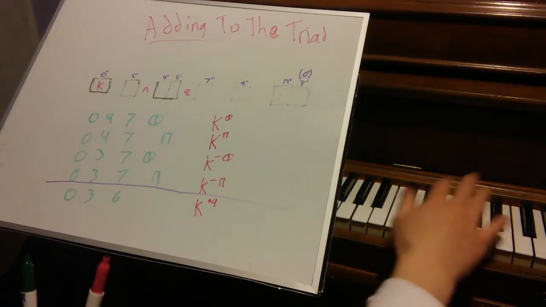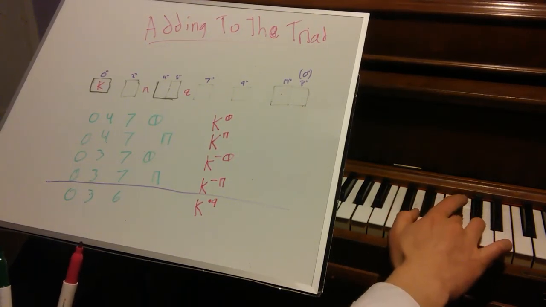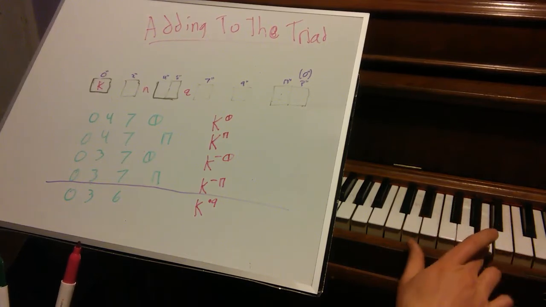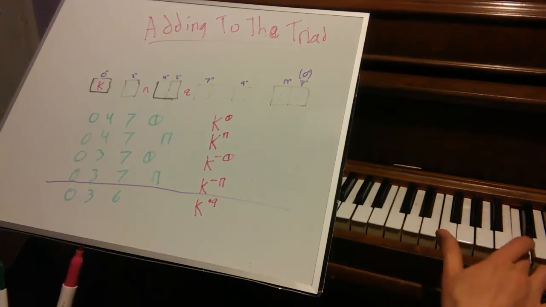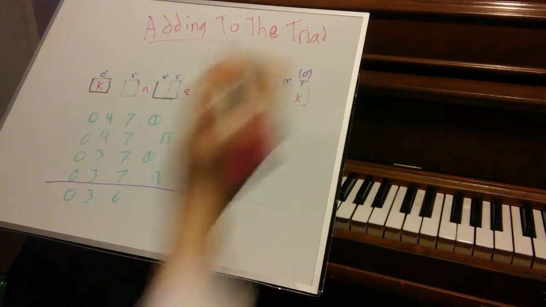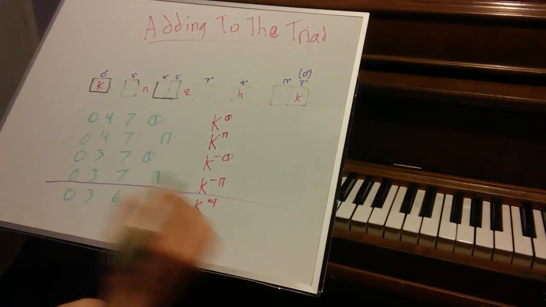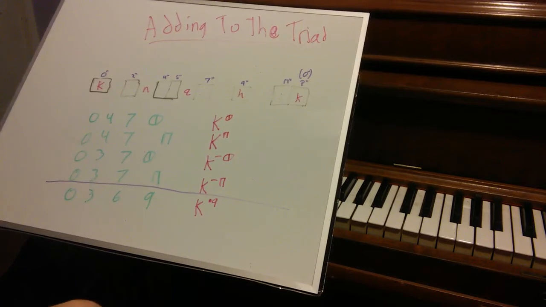So I'll count that up. K, N, Q, H, back to K. So that's a diminished triad, and then you have the 9.